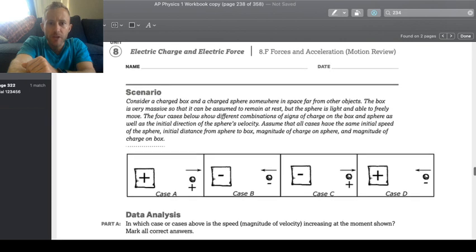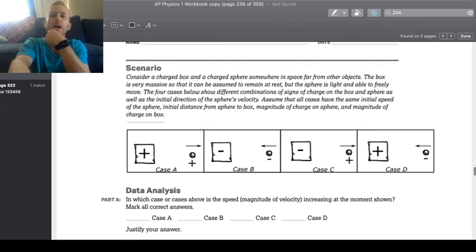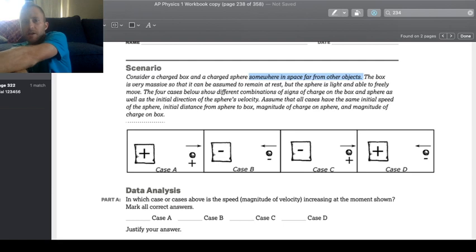For the next scenario, it says, consider a charged box and a charged sphere somewhere in space far from other objects. So somewhere in space far from other objects, that's telling you basically that there's no gravity, okay?